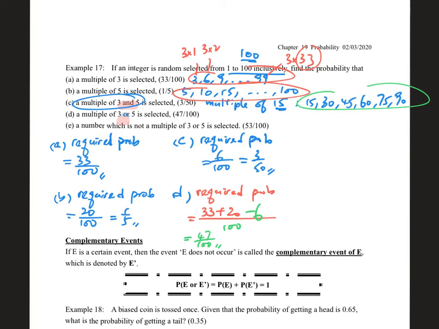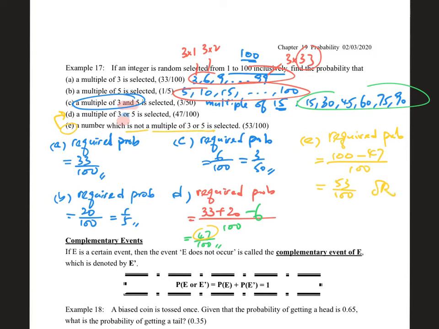Part E is talking about some logic words. It's not a multiple of 3, nor 5: not 3, not 5. You see that it's the opposite of D. In this case, the required probability will be 100 minus 47, which is 53 over 100.